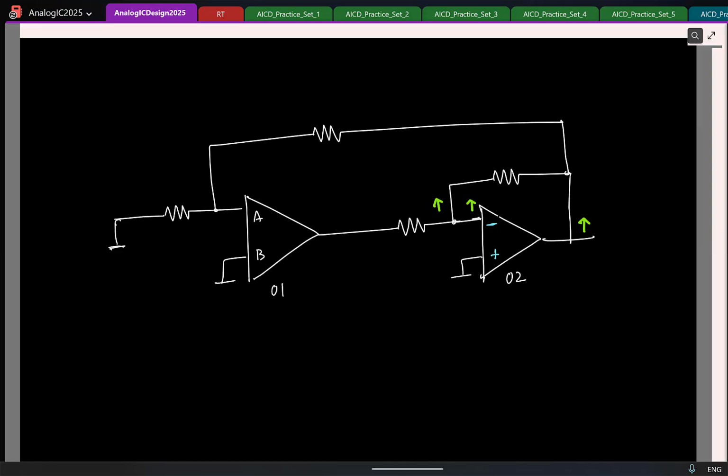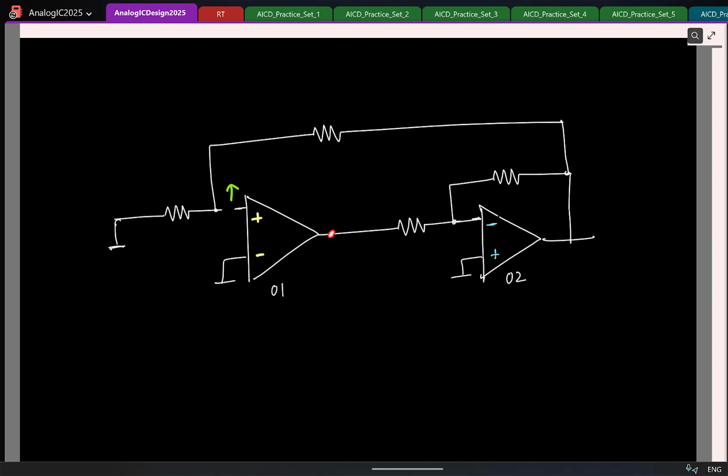Okay. So that sets the correct signs for op-amp 2. So let's look at this fellow. Again, let us say I'll assume this is plus and minus. So we can check if the assumed signs here are correct. Once again I'll break the loop. Let us say increase the voltage here.